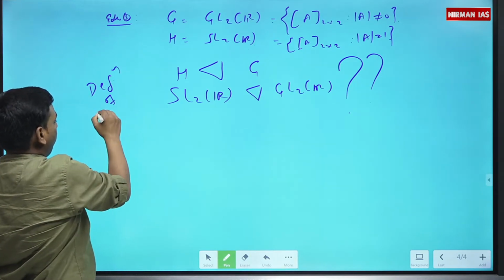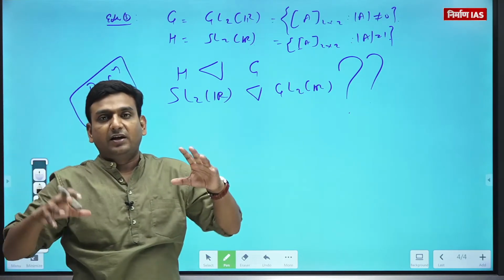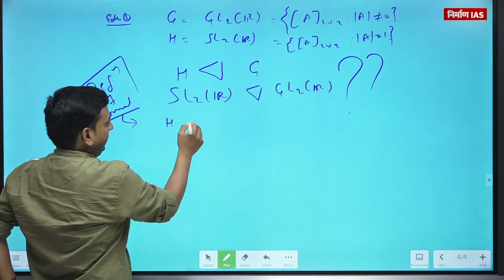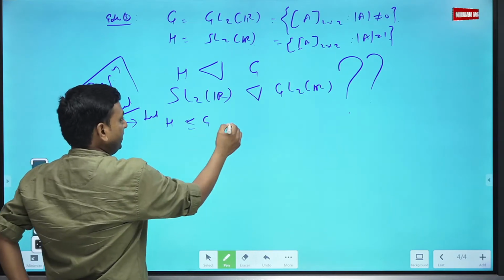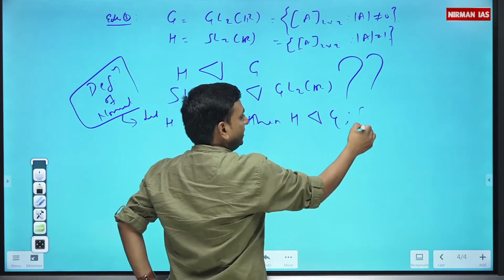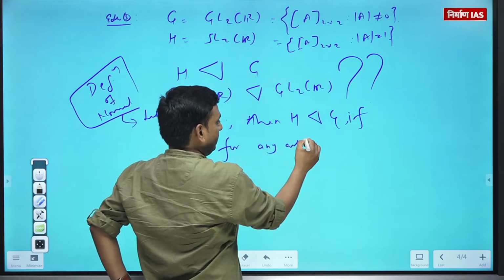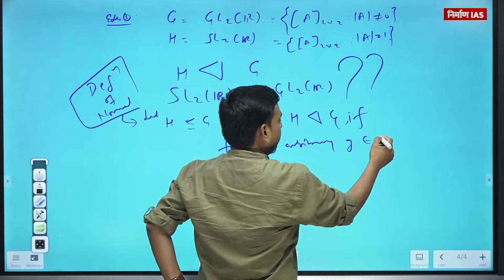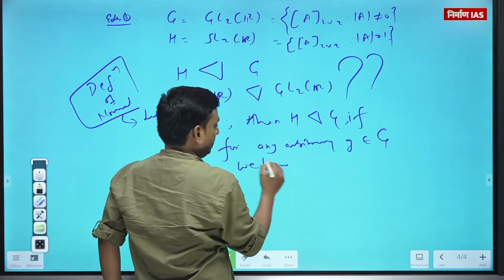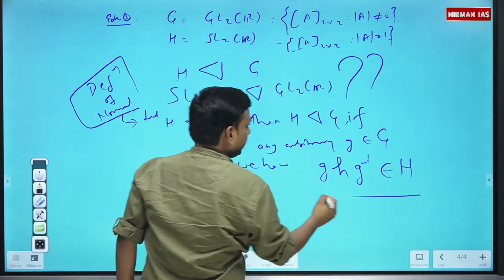The previous definition was an informal definition where you visualize things, and this definition comes from that only. So write it down. Let H be a subgroup of G, then H is a normal subgroup of G if for any arbitrary element g of capital G, we have g h g inverse in H only.